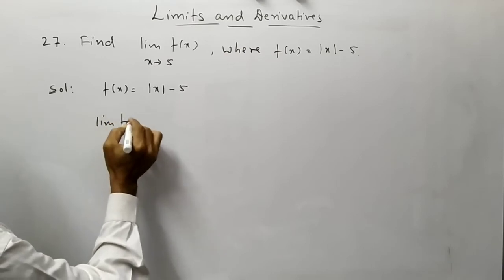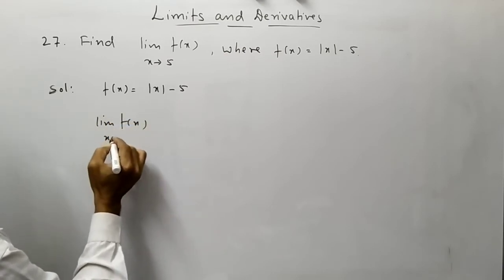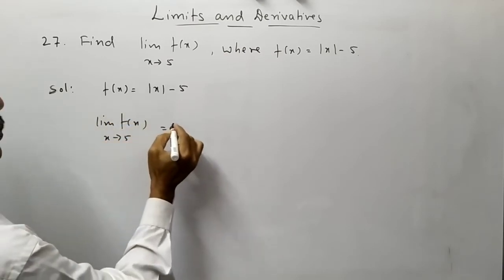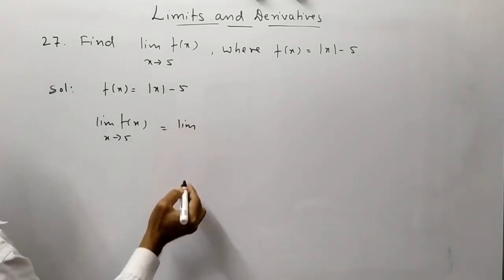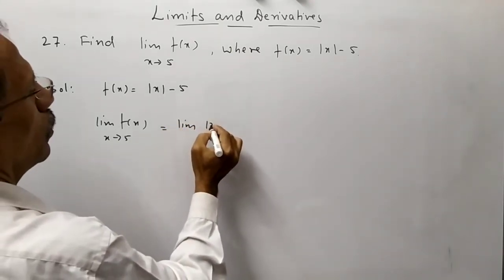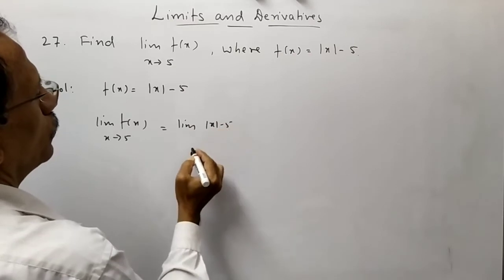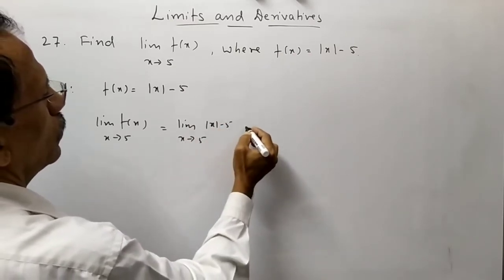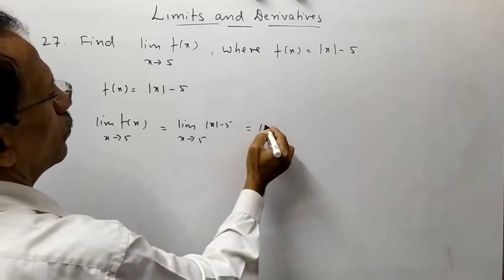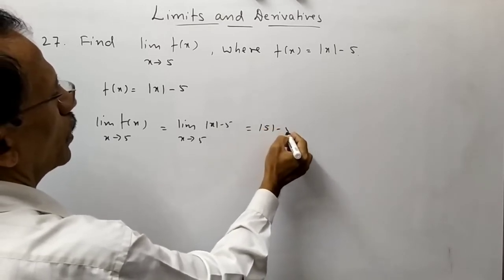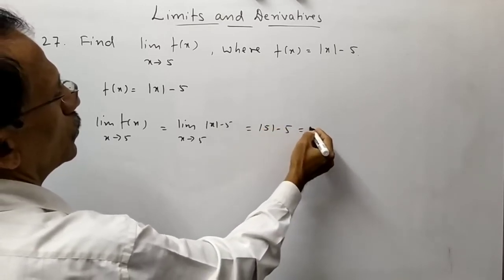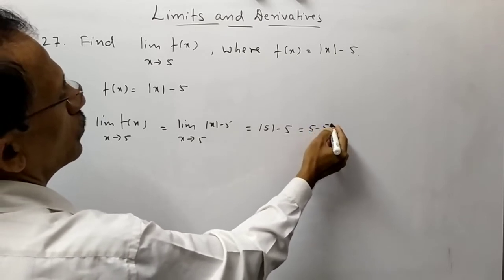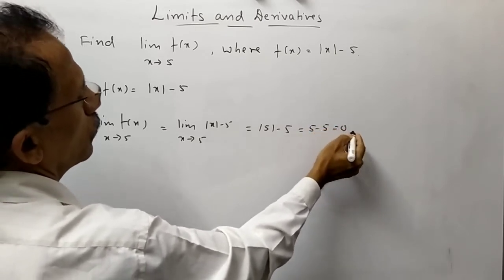Limit of f of x when x tends to 5 is equal to limit of modulus of x minus 5 when x tends to 5, is equal to modulus of 5 minus 5, is equal to 0.